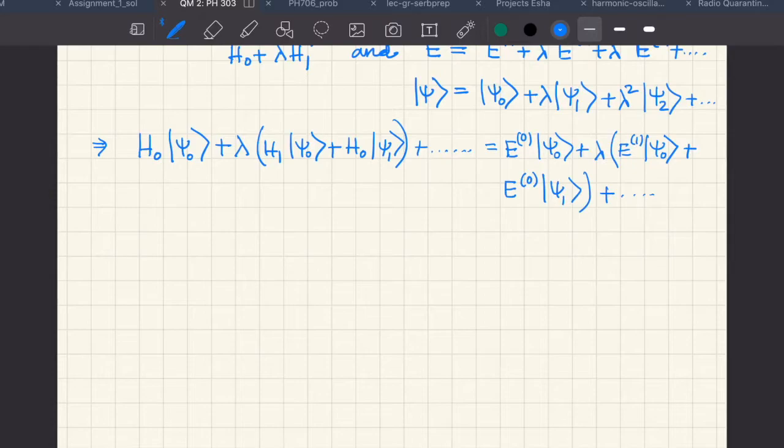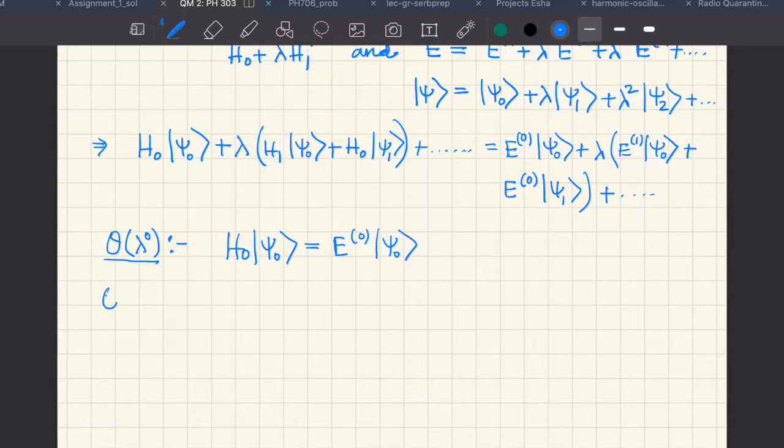Then you give the argument that you have to collect the different powers of lambda coefficients, and you finally obtain equations like this. When you collect the coefficients of order lambda to the power 0 term, that gives you the standard unperturbed Schrodinger equation.